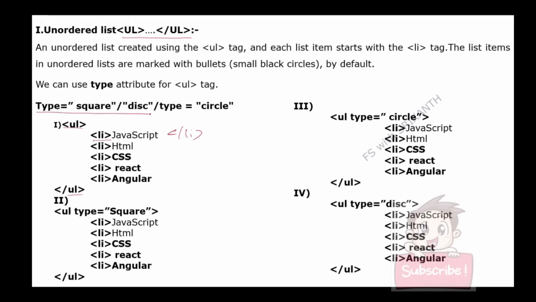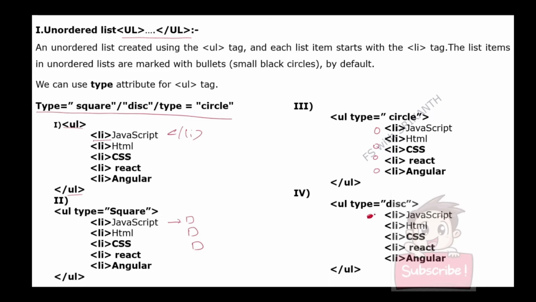Totally it supports the type attribute, and for type values you can place square, disk, which is nothing but a bullet, or otherwise circle, right? Totally we can represent the unordered list in only three ways. One is the square format, which prints like this, the circle format, which prints like a circle, and the disk format, meaning a big dot.